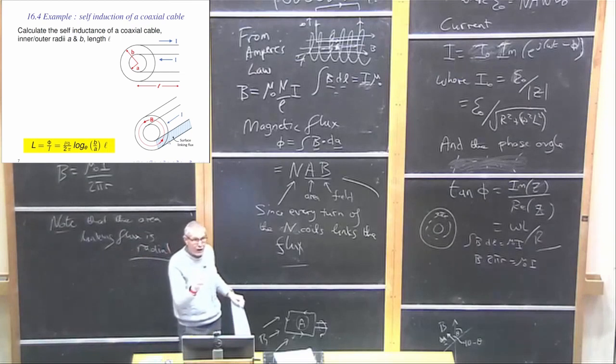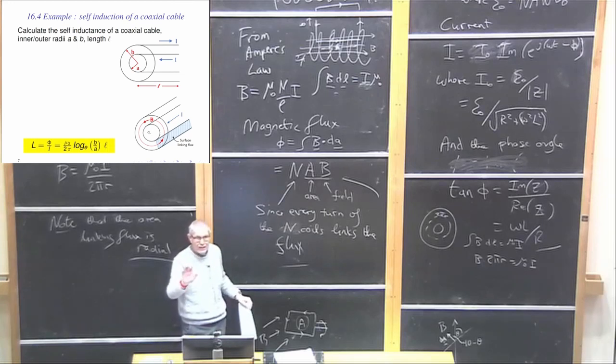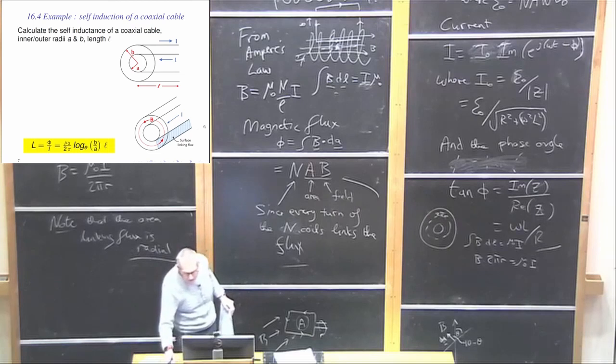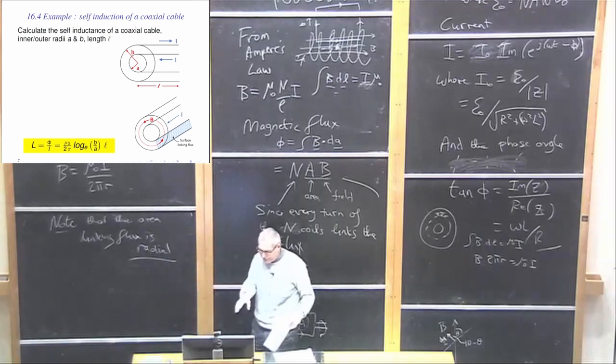So the area for the flux is not the area of this annulus, because that's linking no flux. That's parallel to the flux. The surface linking the flux is radial, like that. Okay? It's a different shape.